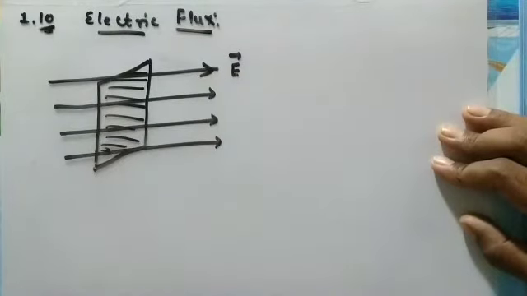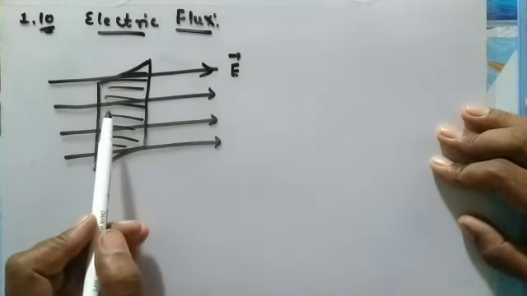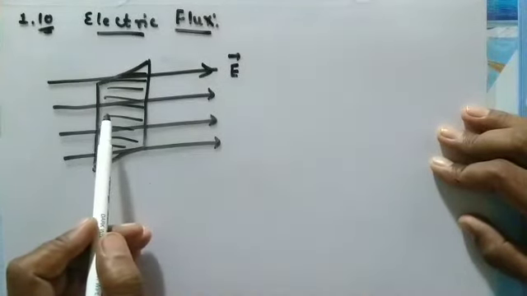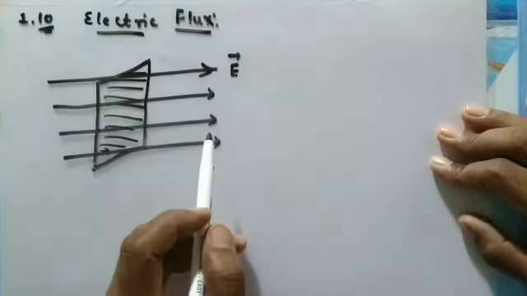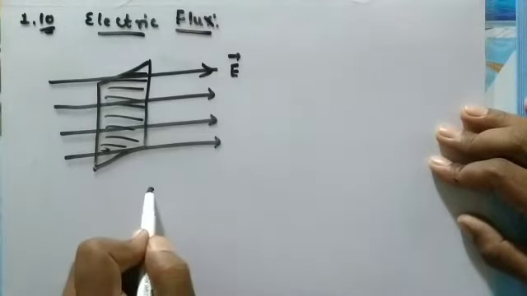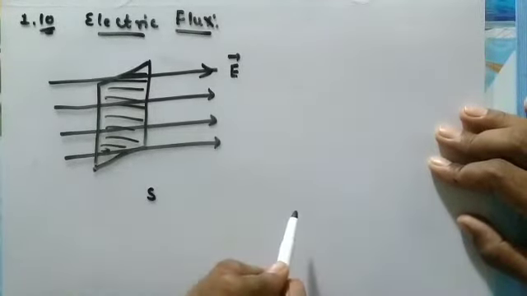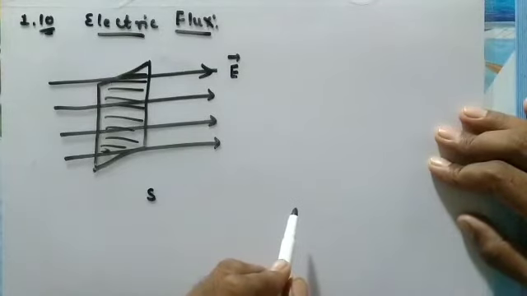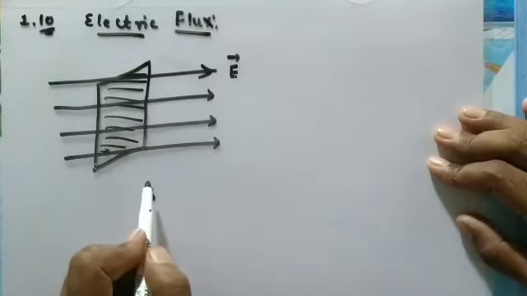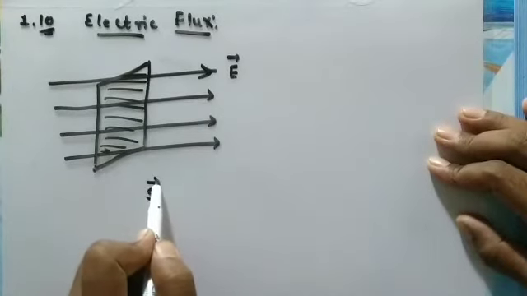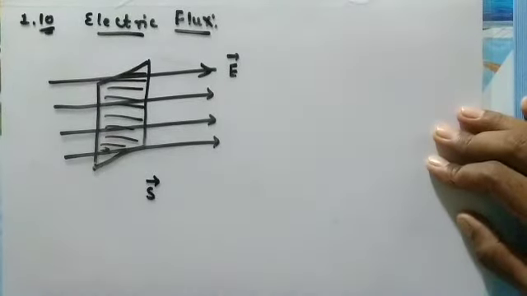So these electric field lines are linked with this area. Let us denote the area by S, and as we know that area is a vector quantity, so I'll write here as vector S.